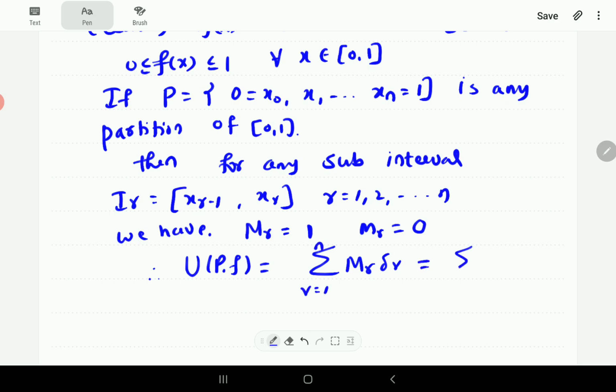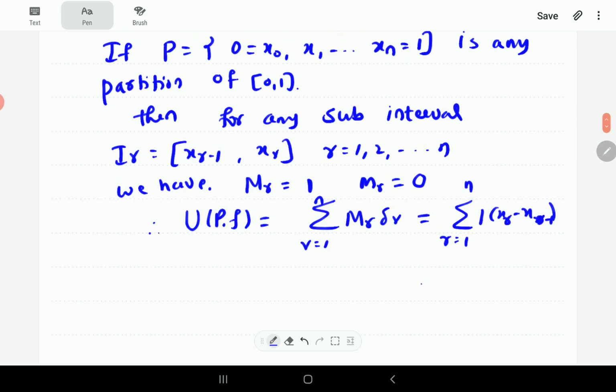The capital Mr is 1 and delta r is xr minus xr minus 1, where r is running from 1 to n. So this is simply, if I put n, xn minus x naught.